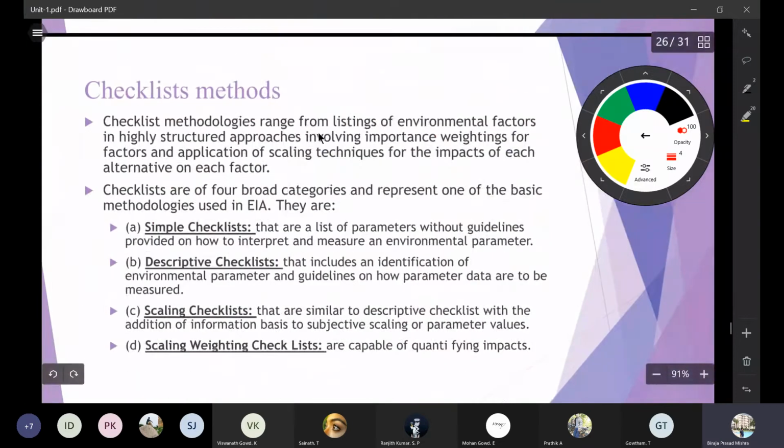Next we have the second method, the checklist method. So as the name suggests, this method will be involving a checklist. So what do you mean by checklist? Let's say, for example, you are going for a picnic. Okay, so for the picnic you will make a checklist, or for trekking you will make a checklist.